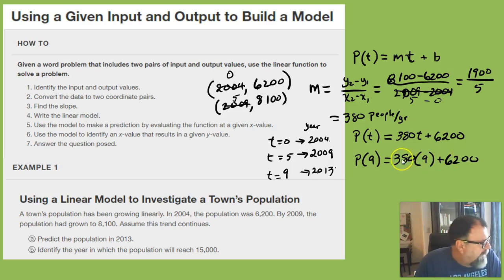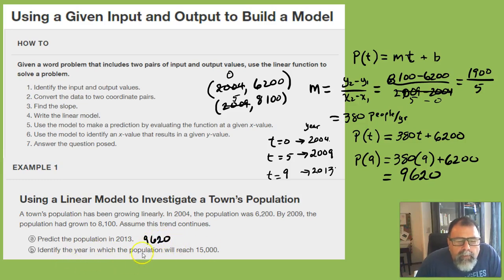Just punch this in your calculator. So 380 times 9 plus 6,200 is 9620. All right, so the predicted population would be 9620.